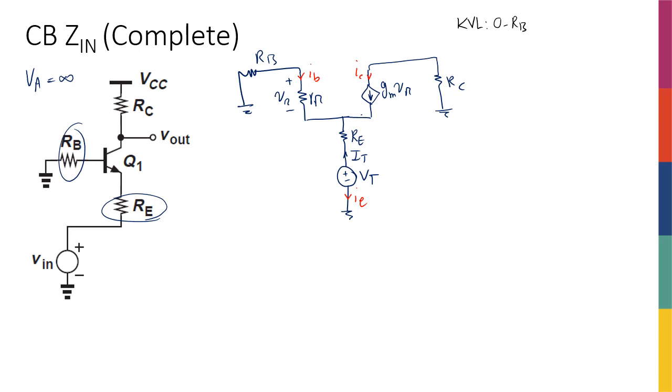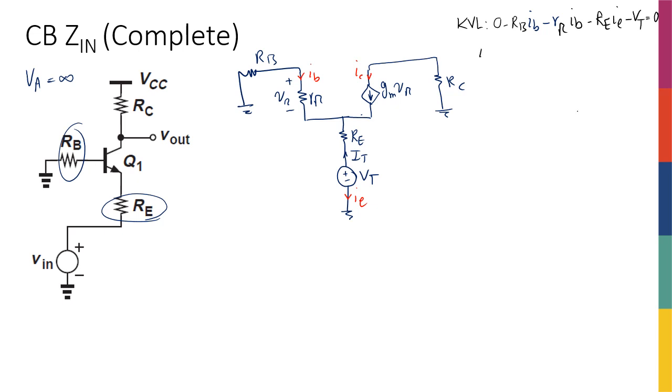So it's going to be RB times IB minus R pi times IB minus RE times IE minus VT is equal to 0. Okay.